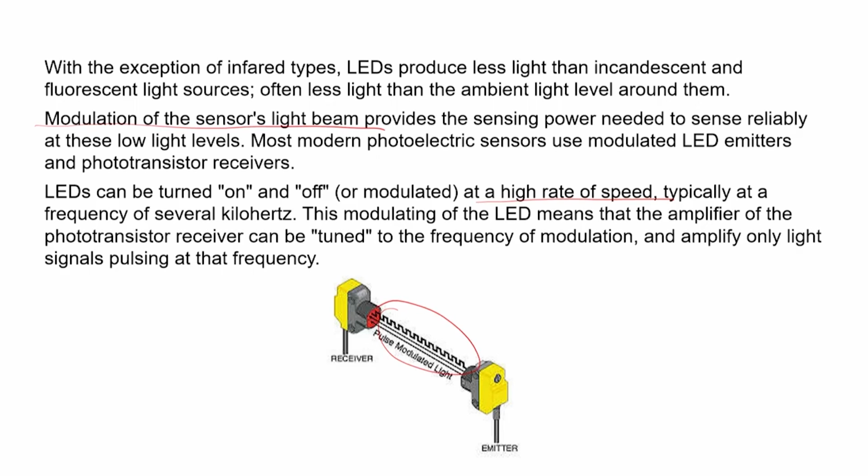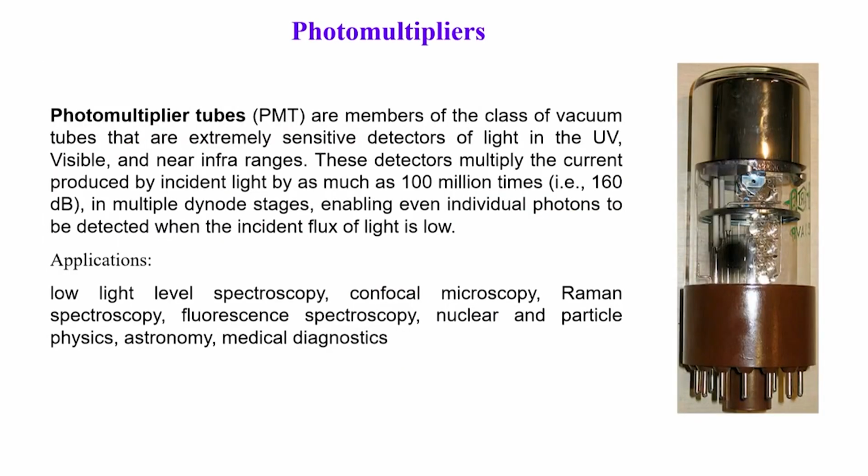Now, this is one way, where you send a modulated signal, which can be of several kilohertz frequency. Another way is to utilize something which used to be used in earlier days in picture tubes, but today a semiconductor version of it is also there. It is called a photomultiplier tube or PMT.